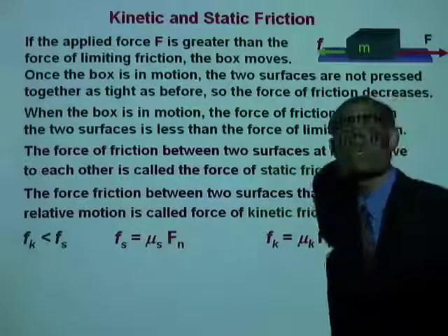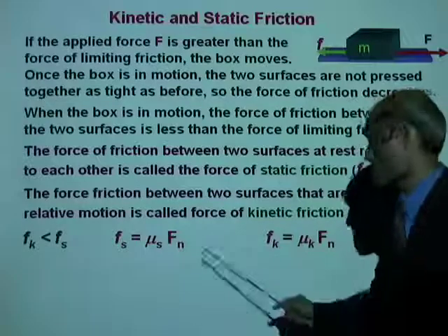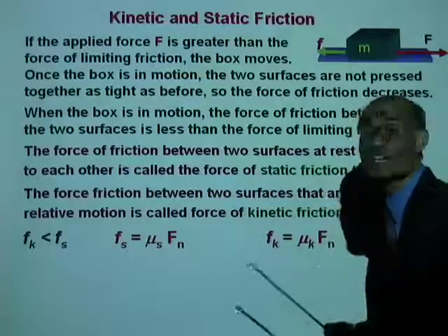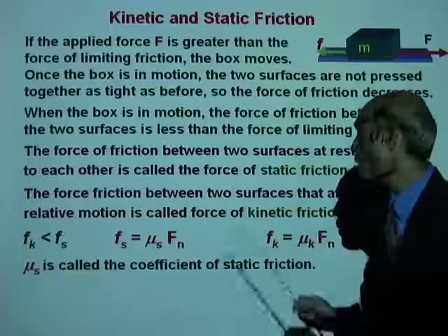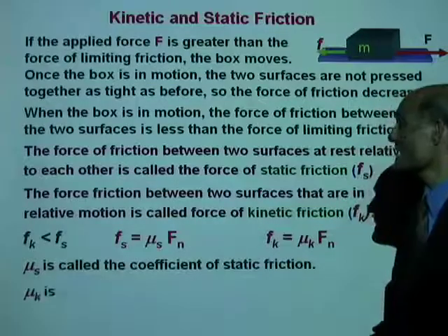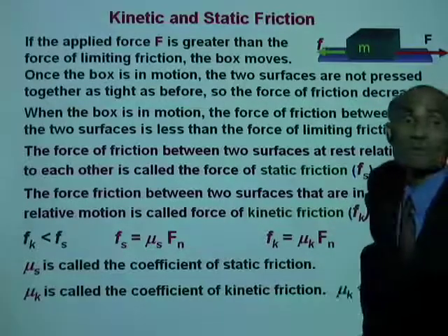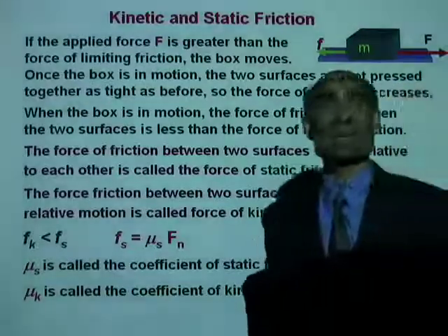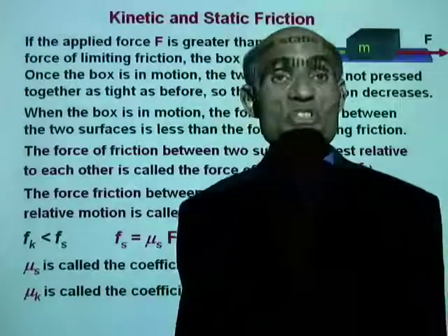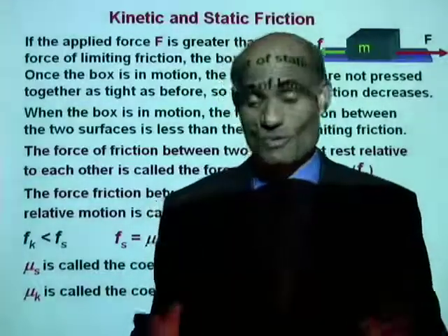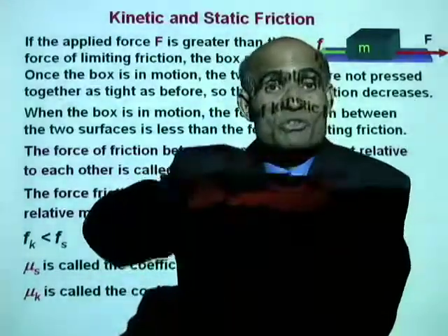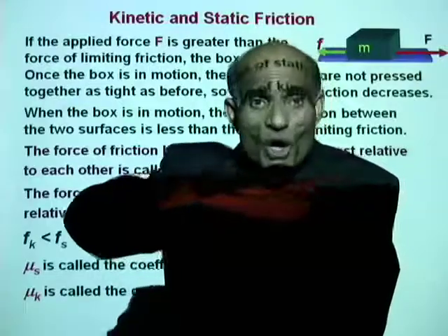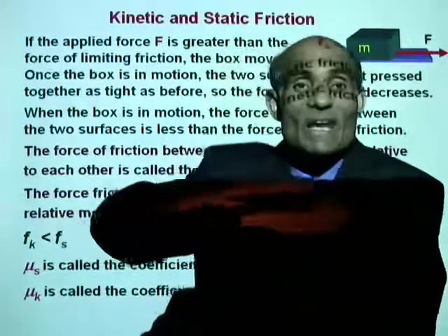Now, which of these is greater? Mu_s is greater than mu_k, or mu_k is less than mu_s. Mu_k is less than mu_s. This is the case when the two surfaces are moving on a horizontal level.